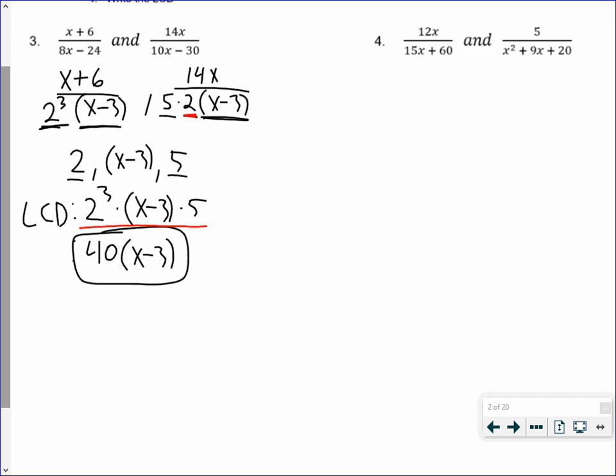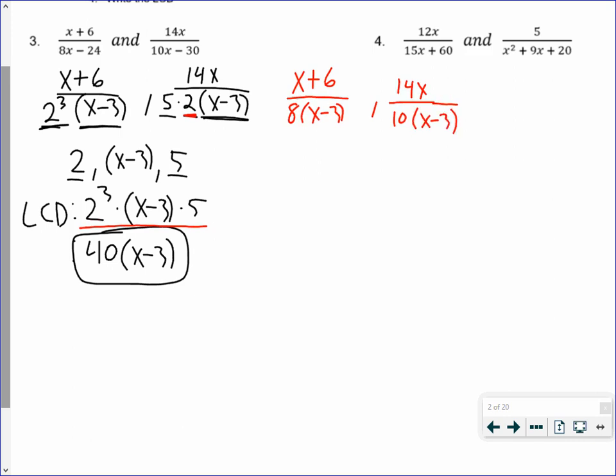So let's go ahead and actually redo this problem again. Let's redo it without getting our prime factorization. So if we didn't get our prime factorization, we would have done x plus 6 all over 8 times x minus 3 and 14x all over 10 times x minus 3.